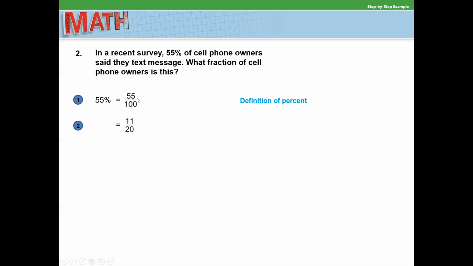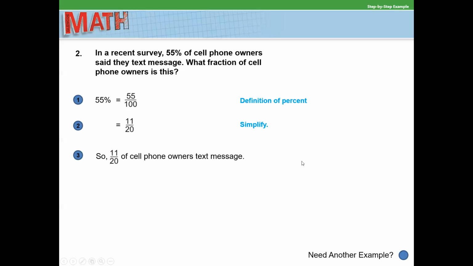We're going to divide by 5 on the top and the bottom. 55 divided by 5 is 11. 100 divided by 5 is 20. This fraction, written in simplest form, is 11 over 20. So 11/20 of cell phone owners text message. 55% is 11/20 as a fraction.